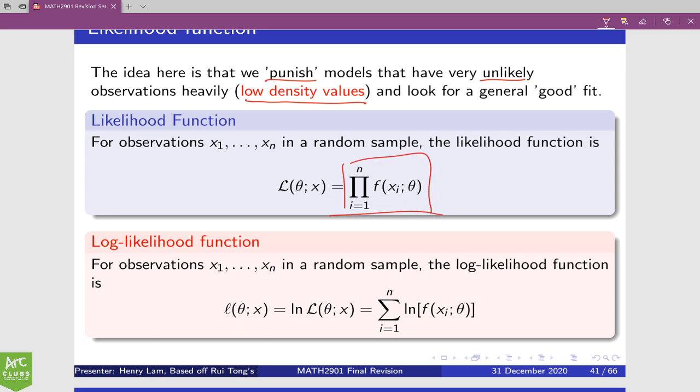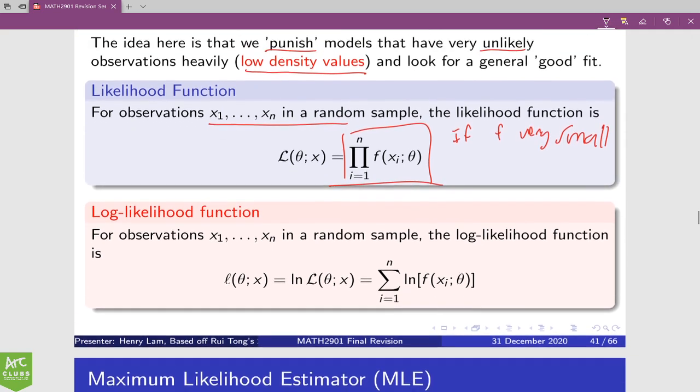We just multiply all the PDFs at each of the individual random sample values. So if there's a value that's very small, that's going to drag the whole likelihood down by a lot, and it's going to make it less desirable, which makes sense, right? So if you have a lot of those things, it's really bad, right?